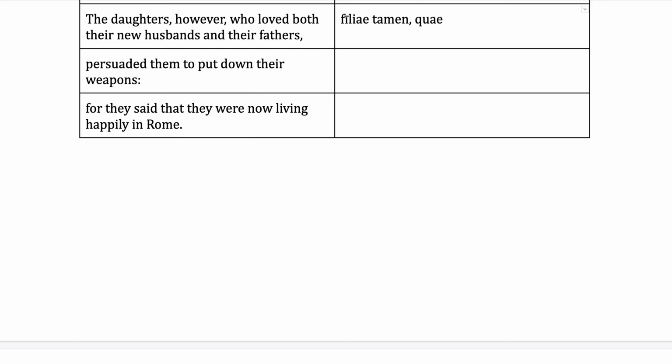Okay, in Latin, to say both one thing and something else, you repeat the word et. Et something else. So we have the first et, and then their new husbands. So new husbands, new is novus, and a husband is, you could use the word vir, or you could use the word maritus.